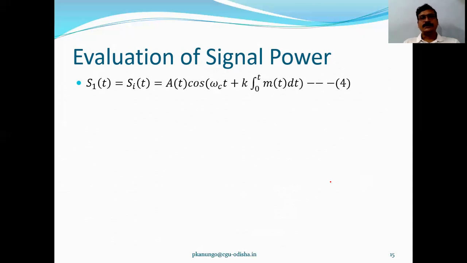So what is our signal? Input signal. We are not talking about noise. To evaluate the signal power, let us assume noise is equal to 0. So S1(t), the output of the IF filter, is also equal to the input signal.